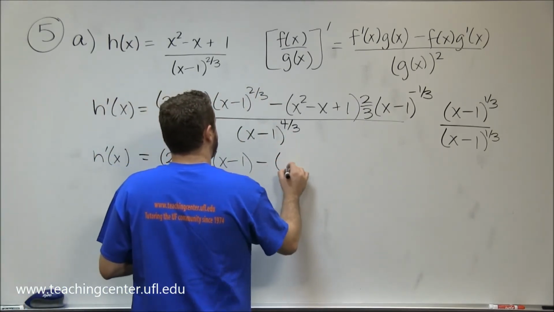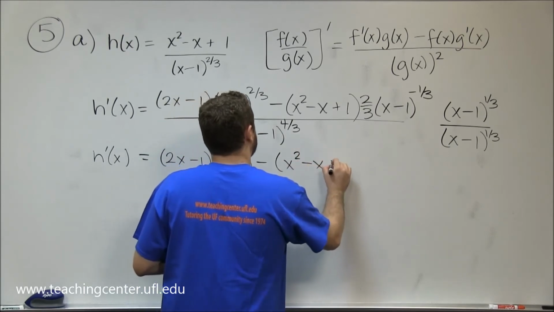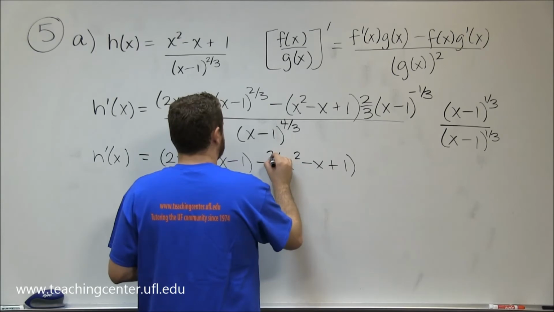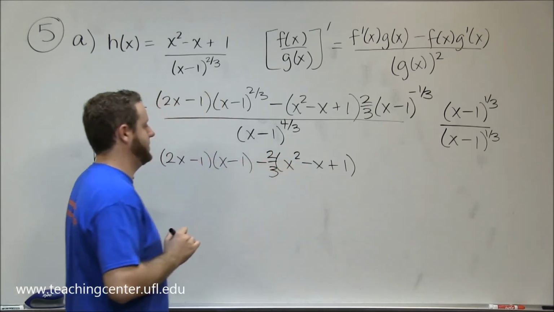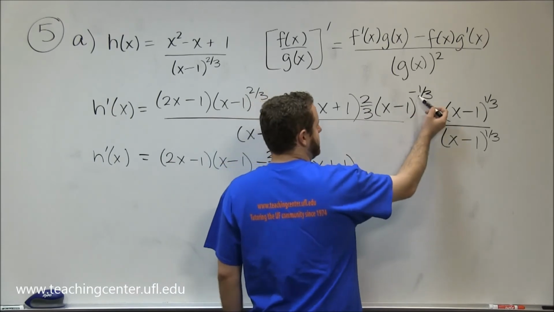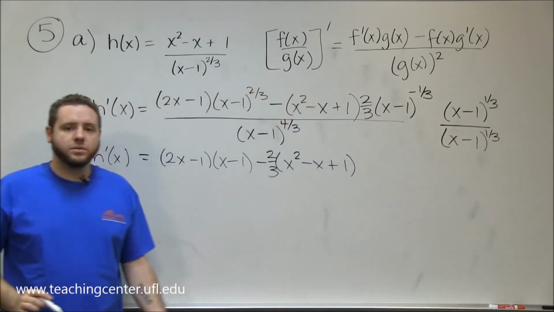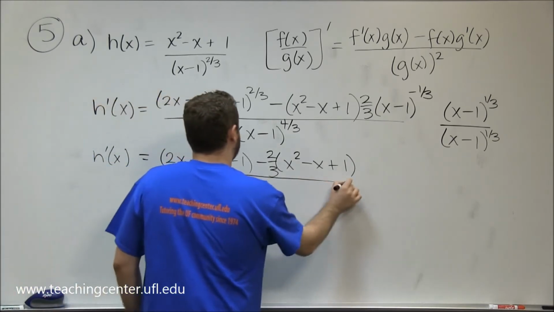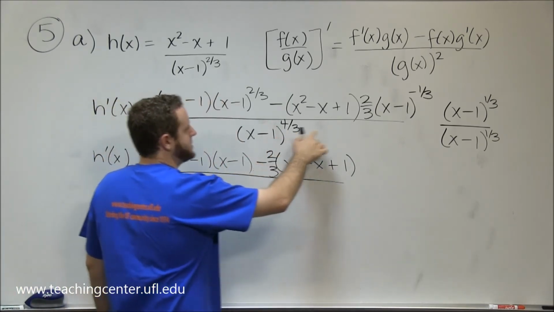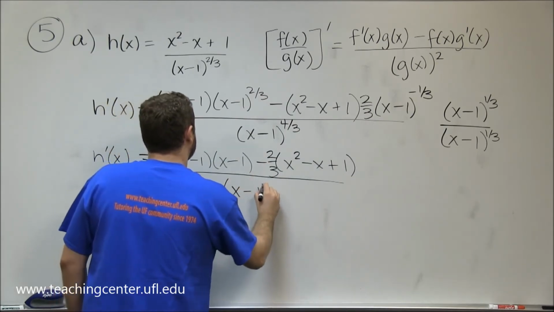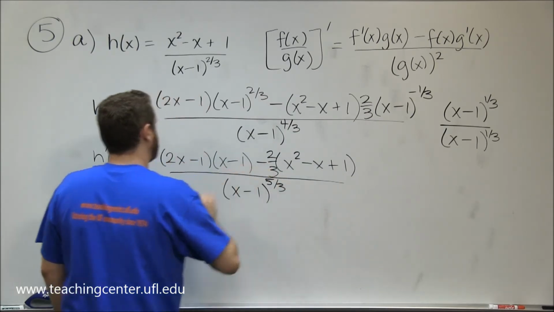And then we subtract x squared minus x plus 1, and we have also times 2/3, which I'll write at the front of that. And this part will cancel out because x minus 1 to the negative 1/3 times x minus 1 to the 1/3 would just give you 1. Then our denominator is now x minus 1 to the 4/3 times x minus 1 to the 1/3, which is x minus 1 to the 5/3.